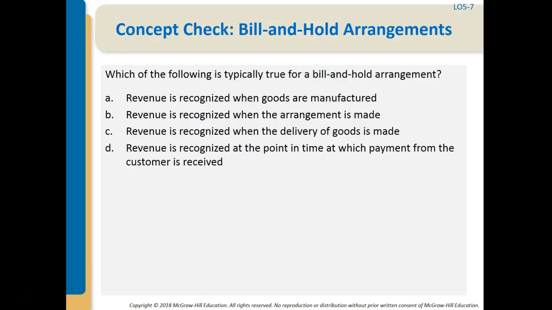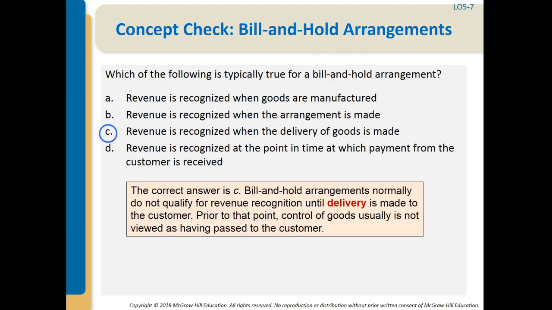So which of the following is true for a bill and hold arrangement? A. Revenue is recognized when goods are manufactured. B. Revenue is recognized when the arrangement is made. C. Revenue is recognized when the delivery of goods is made. Or D. Revenue is recognized at the point in time at which payment from the customer is received.